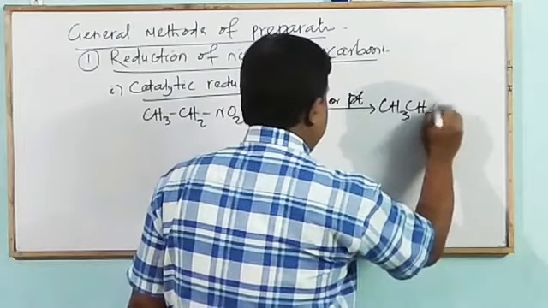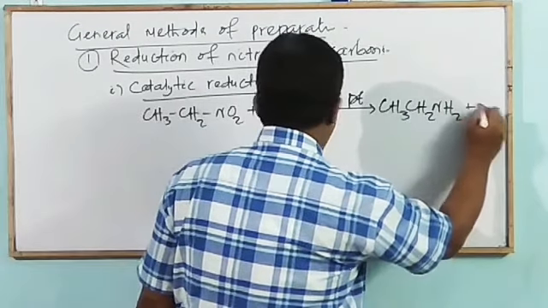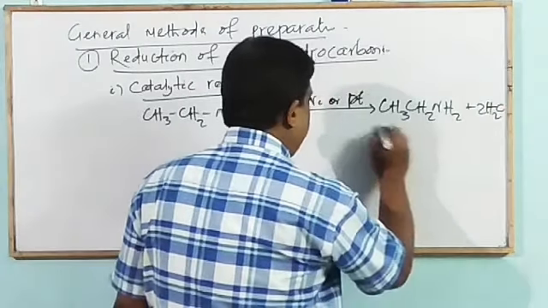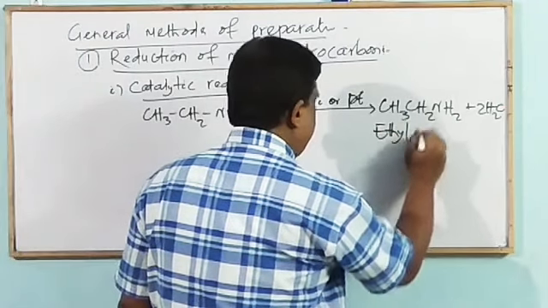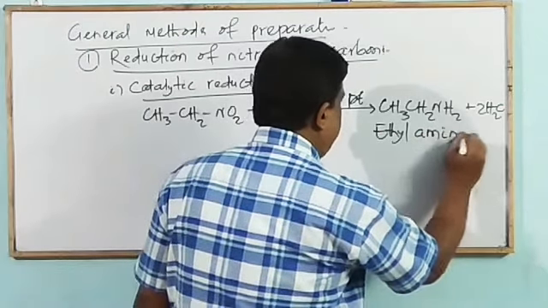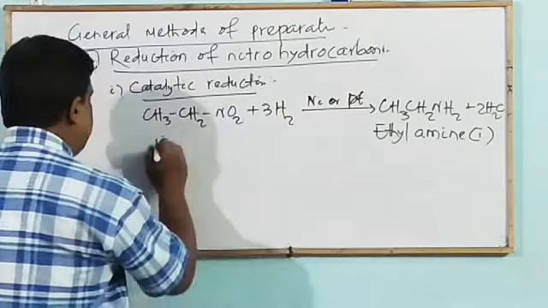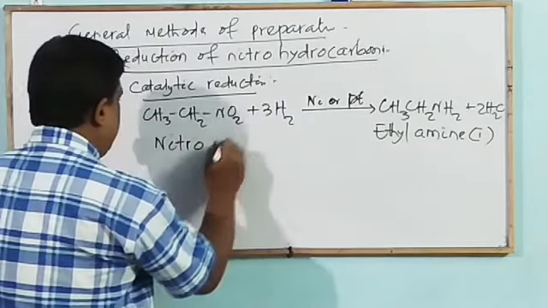CH3CH2NH2 plus H2O, ethylamine. It is a 1 degree amine. It is nitroethane.